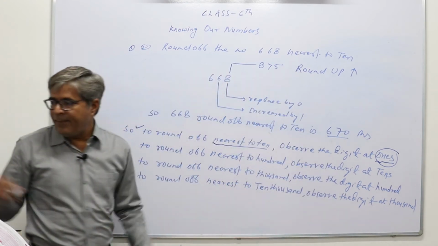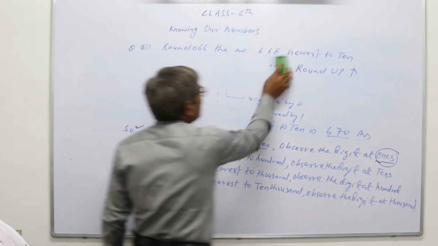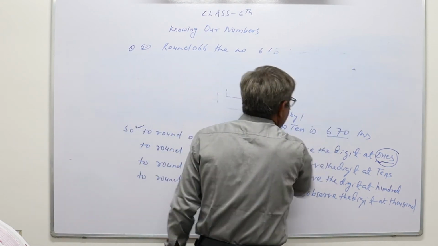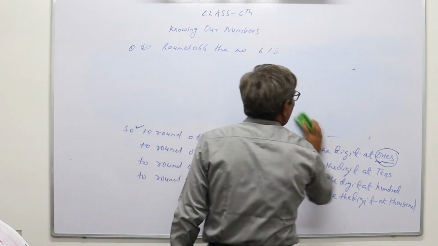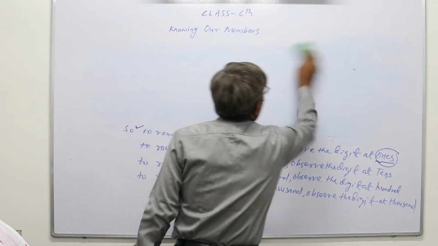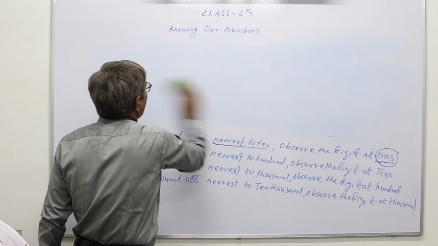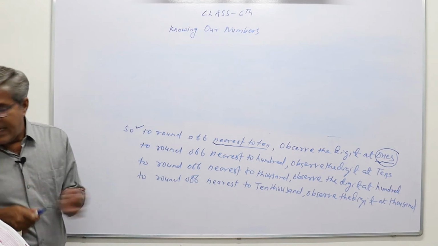Similarly, one more example. Please note down the general working rule for rounding off in your notebook. So, question number three, one more example for rounding off to the nearest 10.